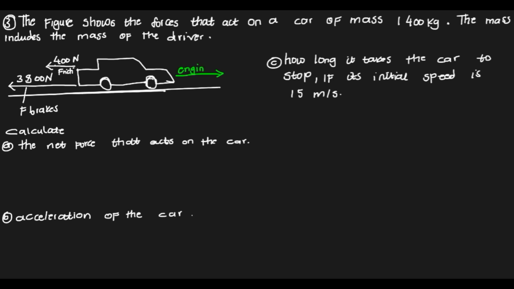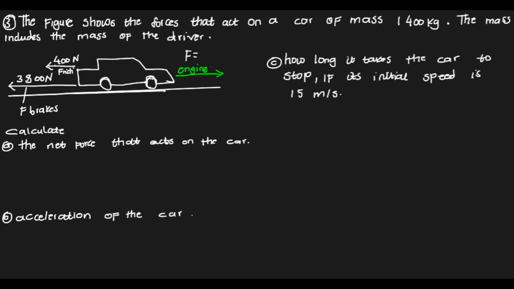Now for this car to stop, the force applied by the engine must be greater than the sum of the force of the brakes and the friction force. So here we are not going to look at the force produced by the engine. Let's just look at the two forces that are opposing the force produced by the engine.